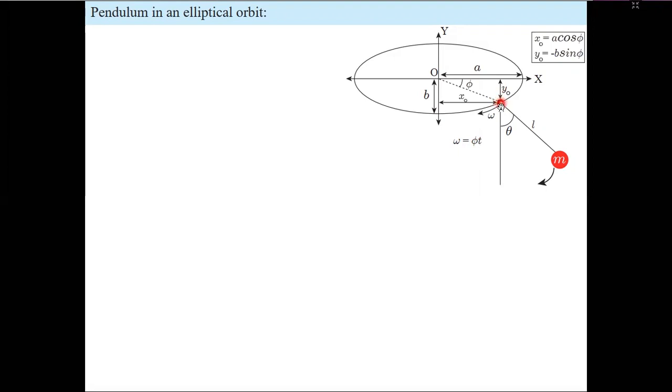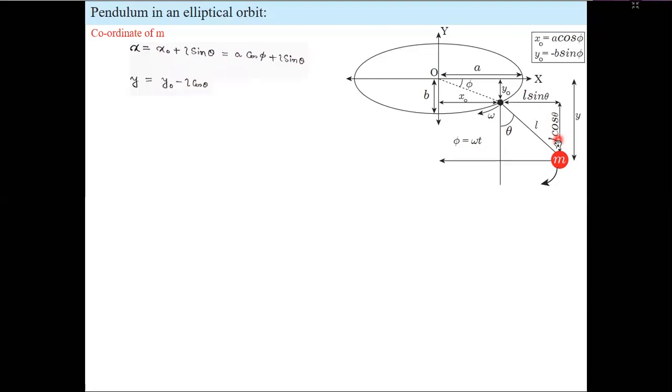Next we need to look at this object, and let x be the coordinate of this object, and x is basically x0 plus L sin theta. So this is the x, and now look at the y coordinate, which is given by y, and y is basically y0, and then this height L cos theta.